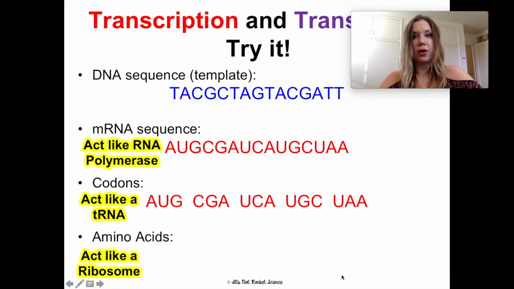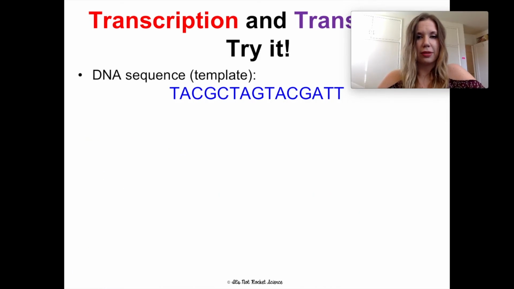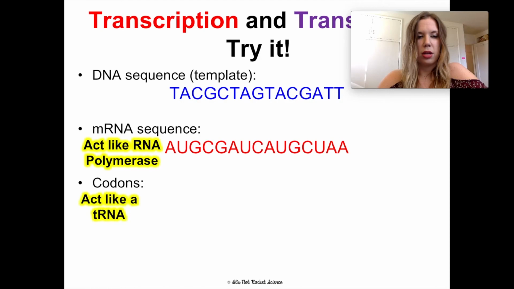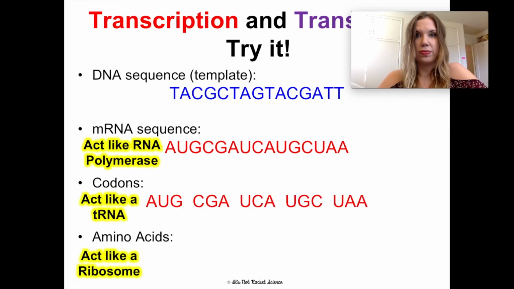You don't have to spell out the whole word. You can just use the first 3 letters. For leucine, you can put LEU, proline PRO, glycine GLY, alanine ALA, and so on. Just the first 3 letters. Go ahead and do that now.